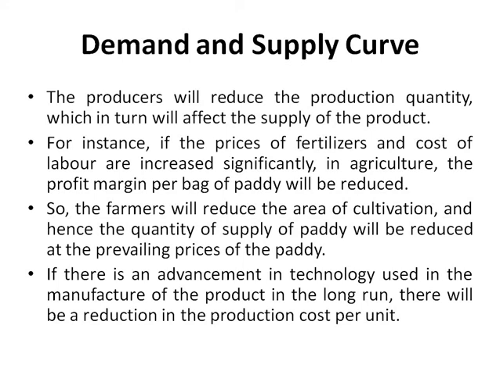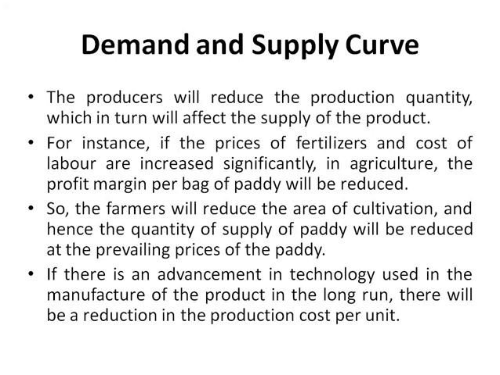For instance, if the price of fertilizer and the cost of labor increase significantly, in agriculture the profit margin per bag of paddy will be reduced. So the farmers will reduce the area of cultivation, and hence the quantity of the supply of paddy will reduce, at the prevailing price of the paddy.